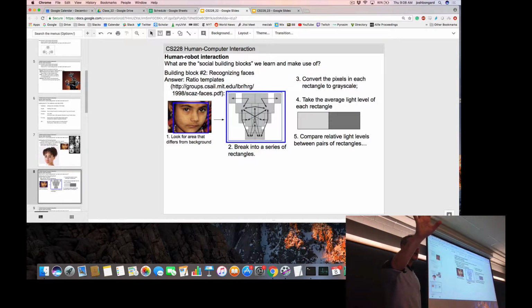We're going to throw away color and just focus on brightness. It's then going to look at the average light level inside of each rectangle and compare relative brightness between pairs of rectangles. Everything you're going to see in the ratio template, as the name implies, is going to be relative, not absolute. Okay. What are the kinds of pairs of brightness that you think it's going to be looking for?